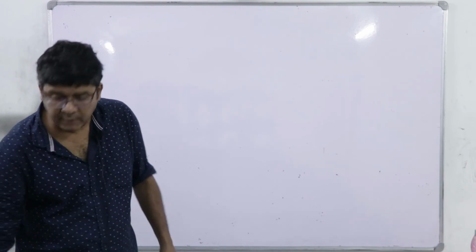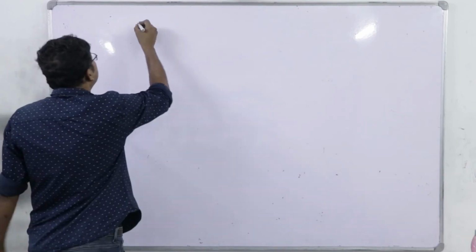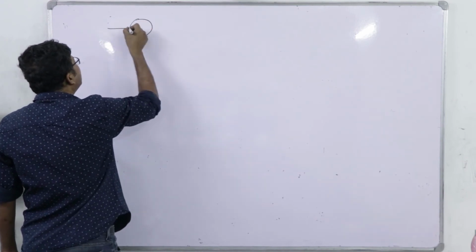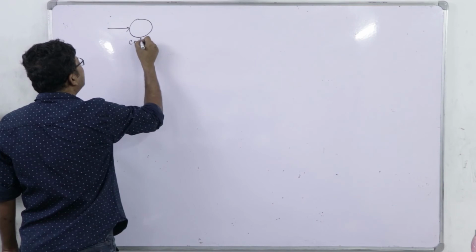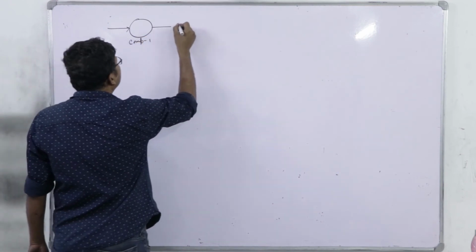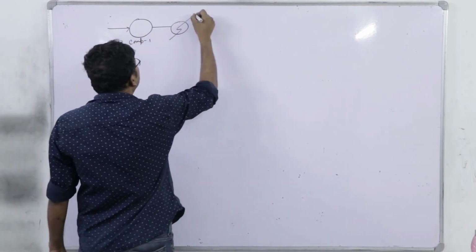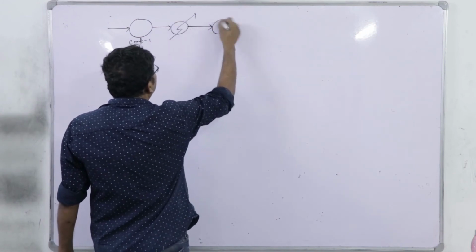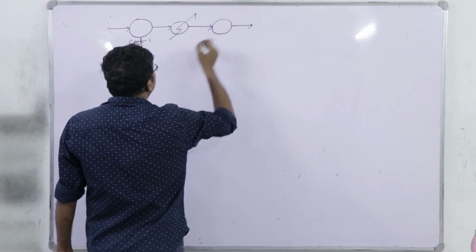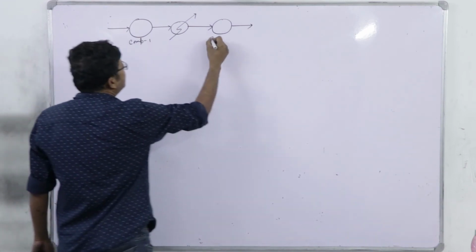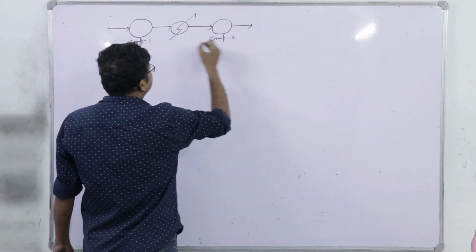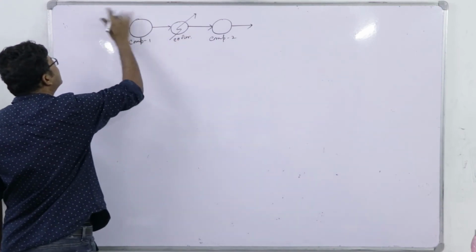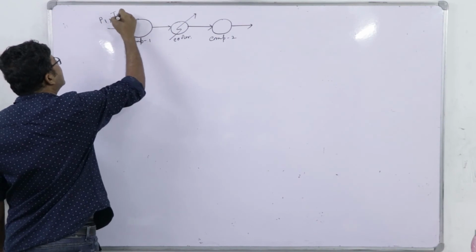One of the interesting problems may be that, let us say, we have a two-stage compressor and a cooler. So here the pressure is P1, T1.